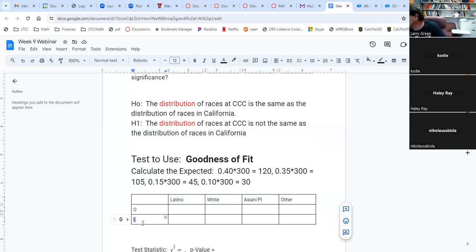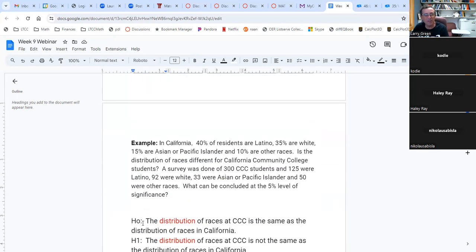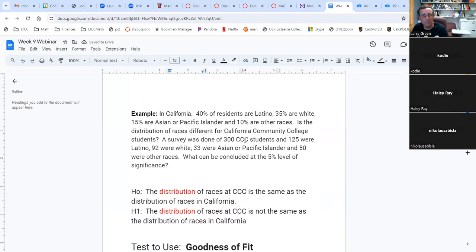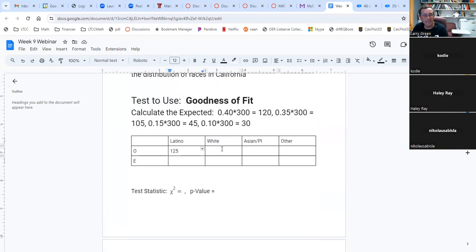And then I put my numbers in. So the observed was given. Notice we observed 125 Latinos. So an observed for Latino, 125. For whites, we observed 92. So 92.